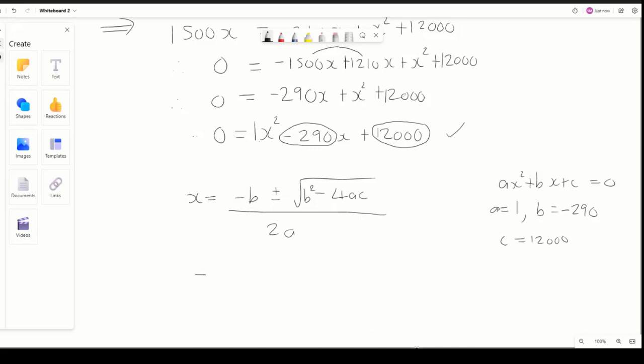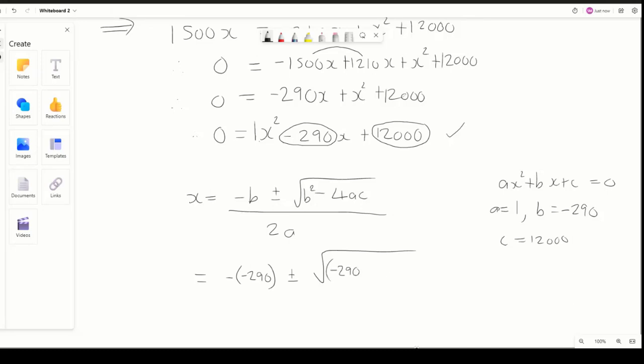So now you do the substitution. Minus b, so it's minus minus 290, plus or minus the square root of b squared. What is b squared there? Minus 290 squared.